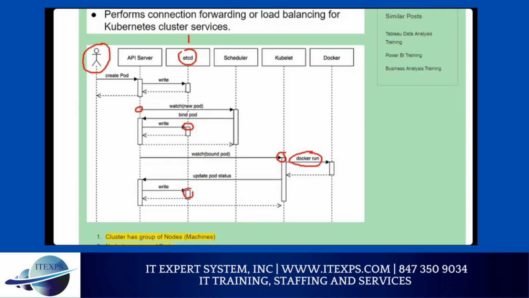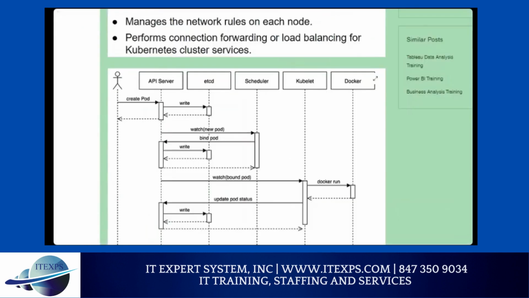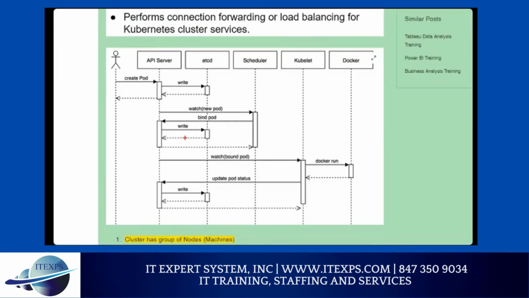You might notice that every object is talking to etcd. It's a very important aspect. etcd is the central point for every information exchange. They are not talking to each other directly. They're talking through it as an event process. So for example, to create a pod, the API server just writes, and that's all it does.